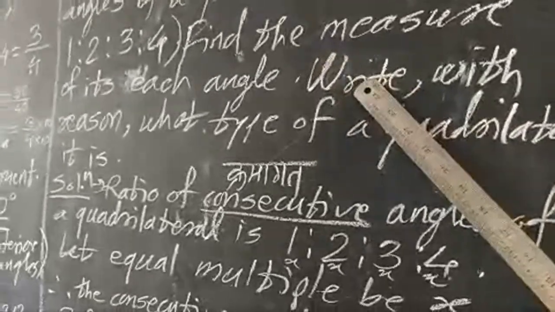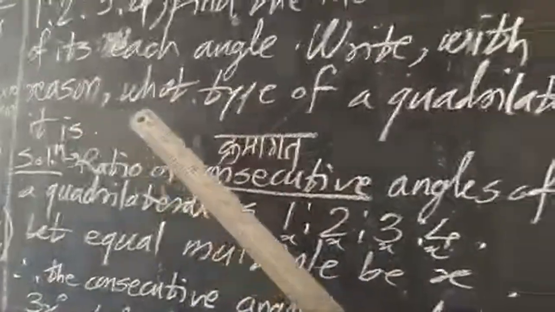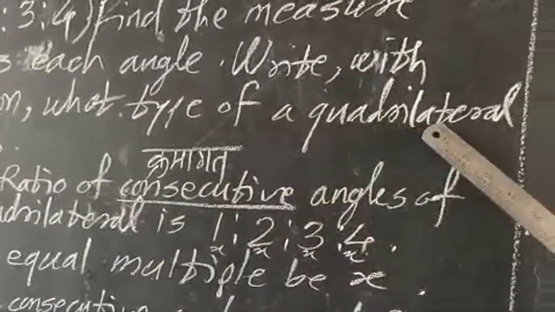Then the second question: write with reason what type of quadrilateral.